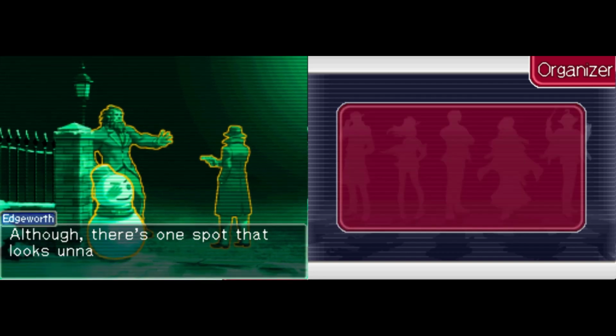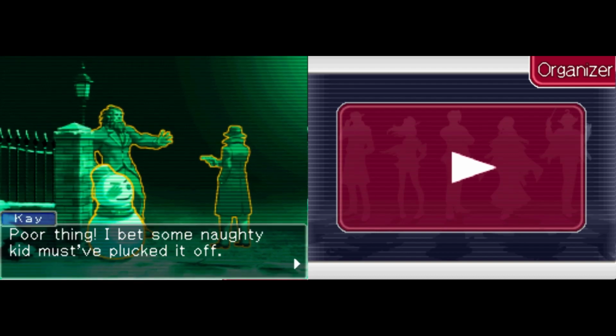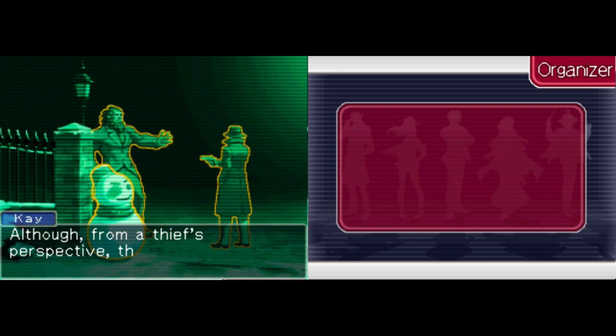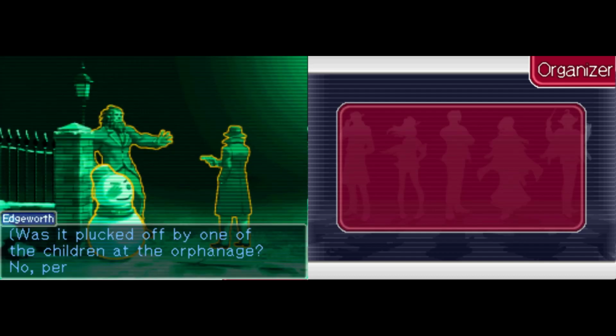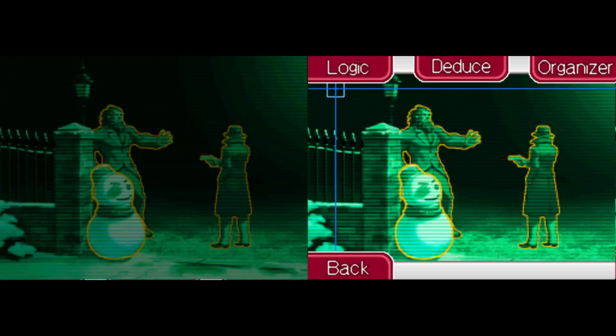Although there's one spot that looks unnaturally lacking. Poor thing, I bet some naughty kid must have plucked it off. Although, from a thief's perspective, that kid does have some promise. Was it plucked off by one of the children at the orphanage? No, perhaps. It was taken by an entirely different person altogether.